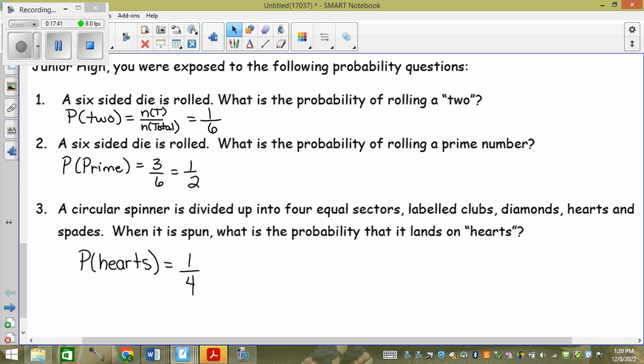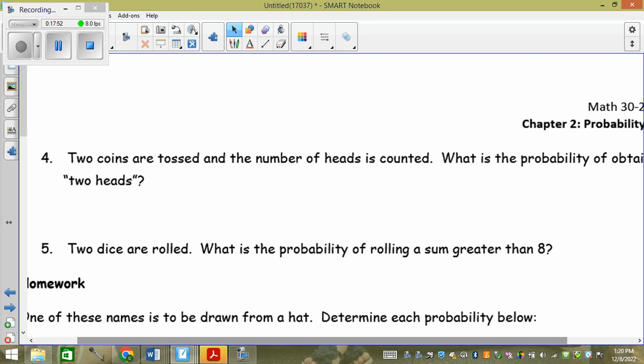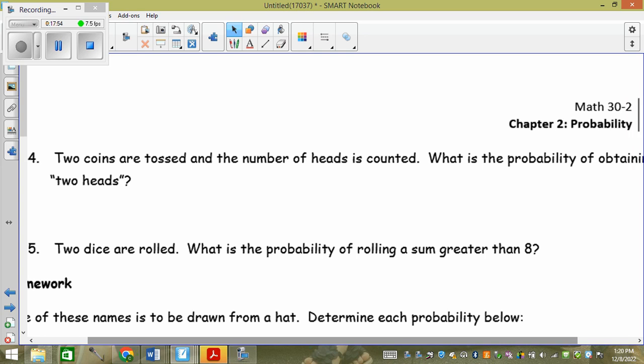Now we're flipping over. Two coins are tossed. Now I'm going to draw your attention to this. When 2 coins are tossed, the best way of talking about 2 coins being tossed is drawing a little tree diagram. So we do coin 1. Coin 1 could be a head or a tail.